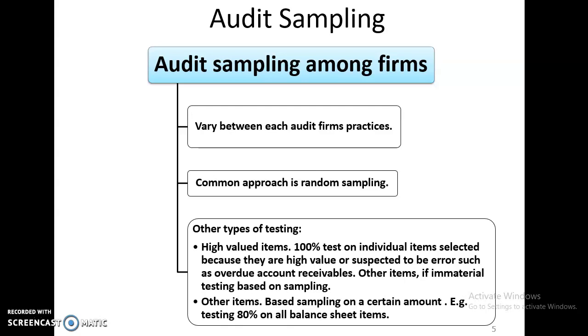There could be cases where on high value items, 100% test on individual items will be selected. This is due to the nature of the item itself being high value and suspected to be in error, such as overdue accounts receivable, or maybe in a company or organization where the transaction volume is very low, but the value of the items is very high.